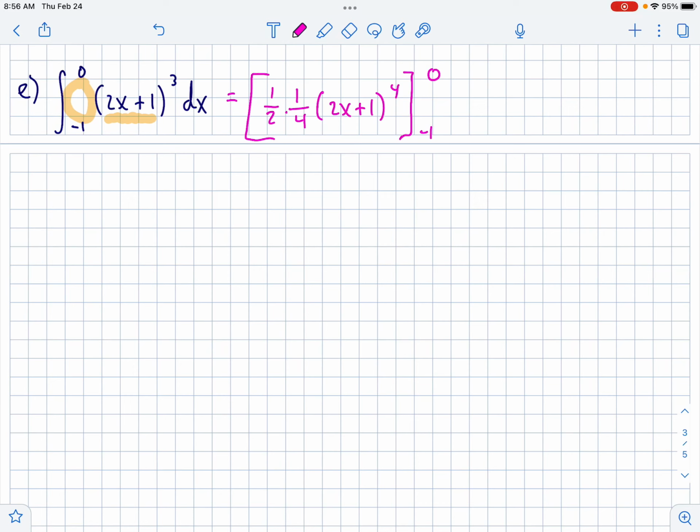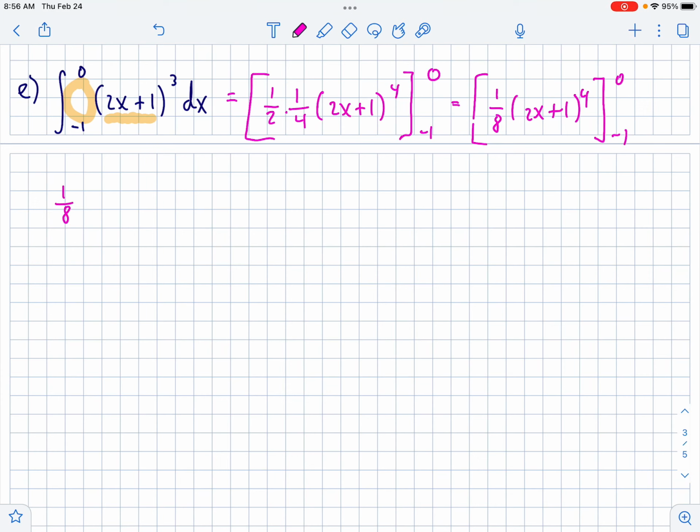Just making sure we're all good. Yeah, we're on track. Okay, so we'll do a little cleanup first, the 1/2 and 1/4 can become 1/8. And that's really the only cleanup I see that we can do. Still have 0 to -1 on the outside.